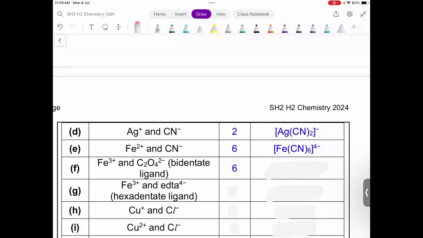In both cases, coordination number 6. Because it's a bidentate, you need 3 of these C2O4 2 minus to fulfill the coordination number 6. Then EDTA is already a hexadentate, so you just need 1 mole. So 3 of minus 2 and 1 of plus 3, therefore a net charge of 3 minus.